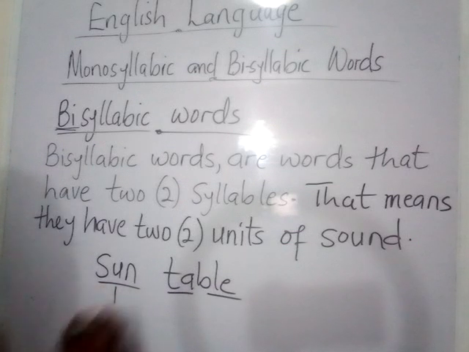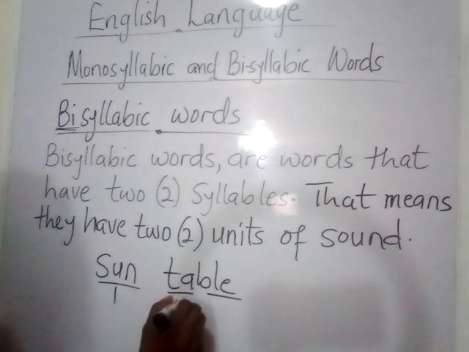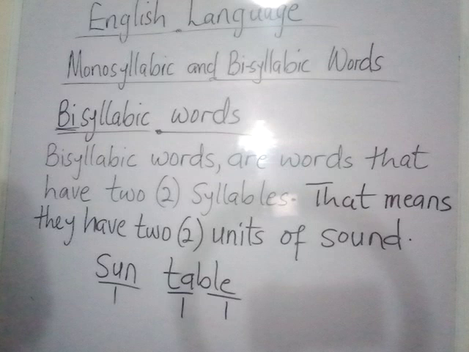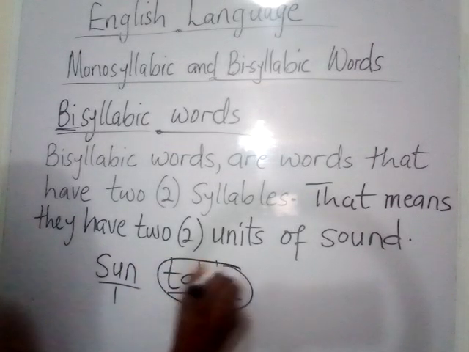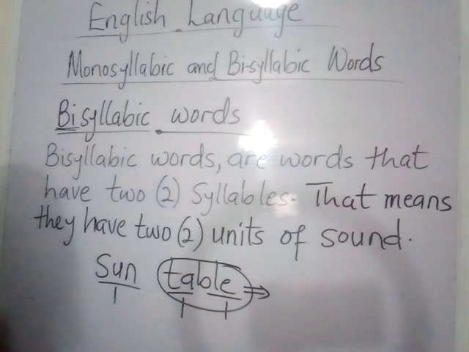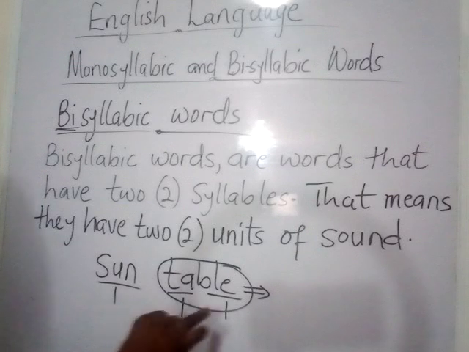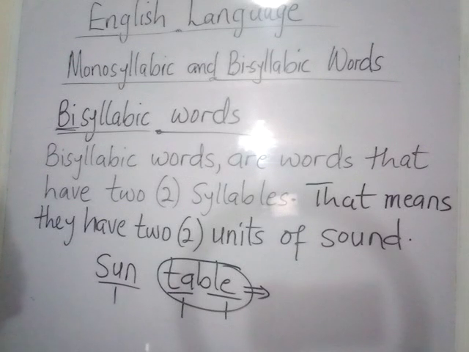You can see this has one sound, while this has two units of sound. So a word like this, for example, is what we call a bisyllabic word. It has two units of sound. Table.